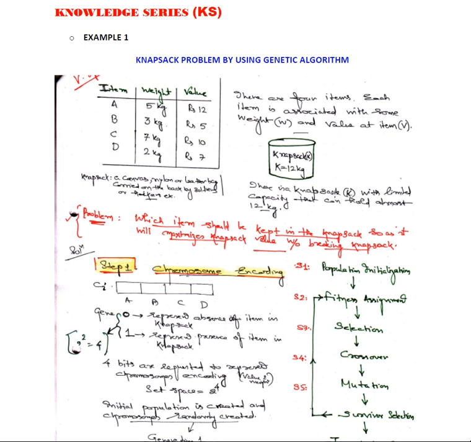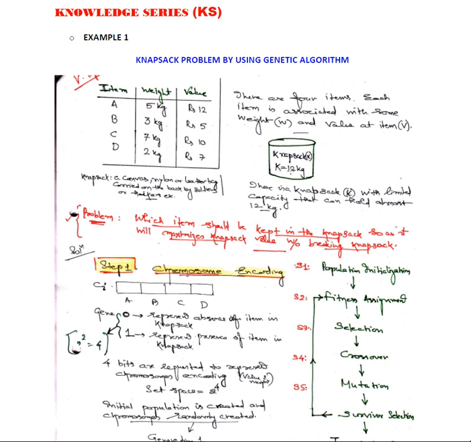There is a knapsack K with a limited capacity that can hold a maximum of 12 kg, so you cannot go more than 12 kg. The knapsack is made of nylon, leather or canvas bag material. If you add the total weight here, it comes to 17 kg.